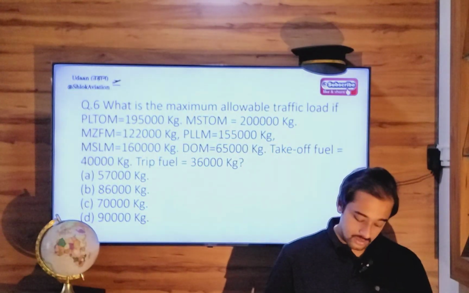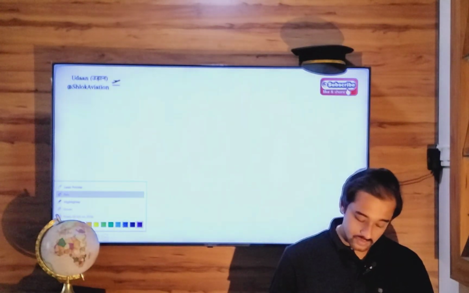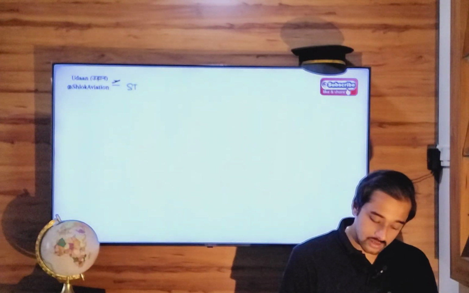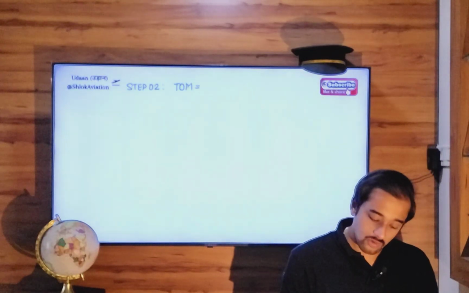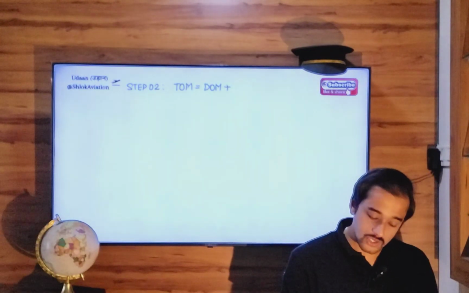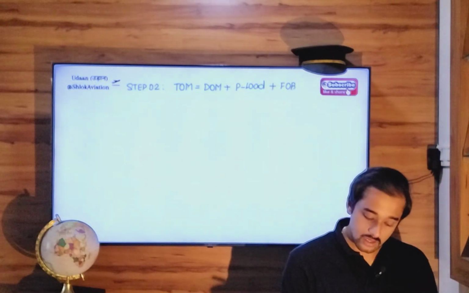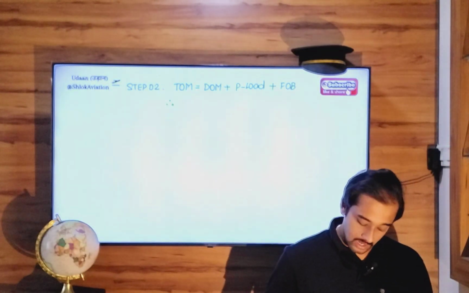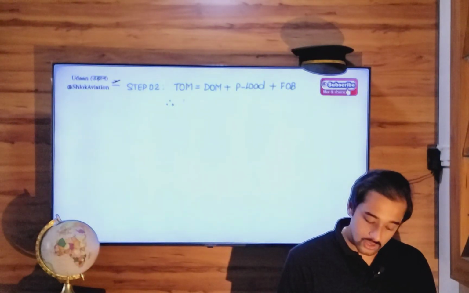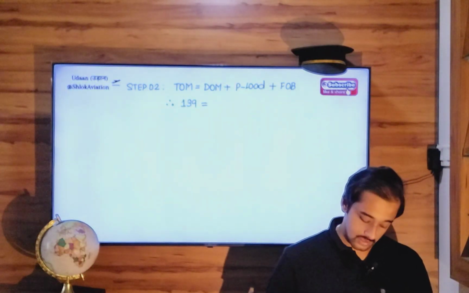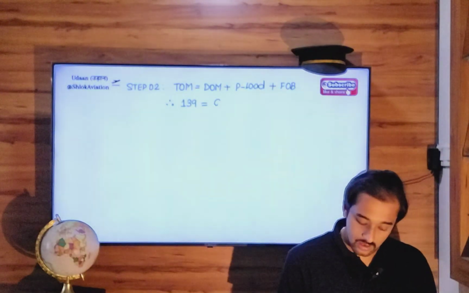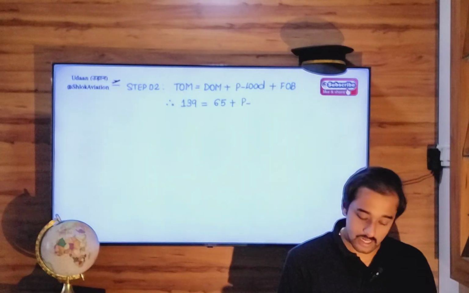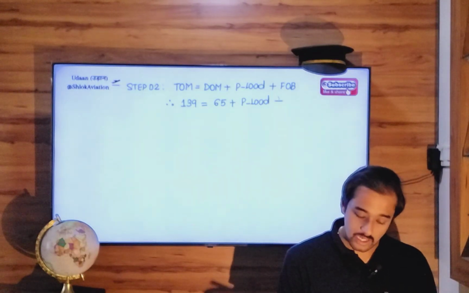Now step number 2 is to use the direct formula. Takeoff mass equals DOM plus payload plus fuel on board. The takeoff mass is 139. So 139 equals dry operating mass, which is 65,000 or 65, plus payload, which we have to calculate, plus fuel on board.